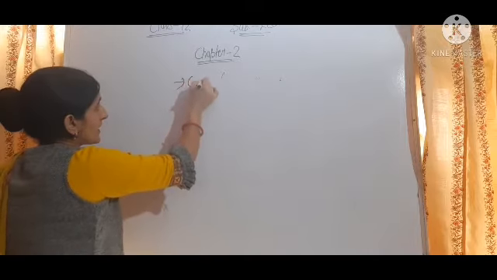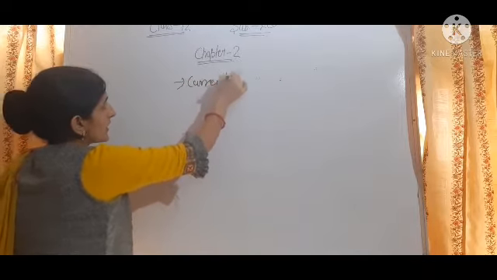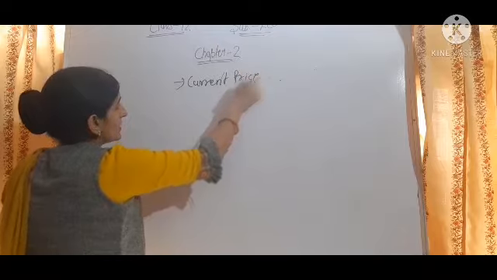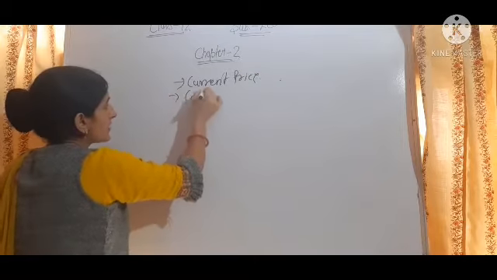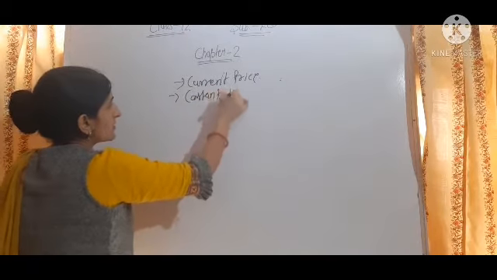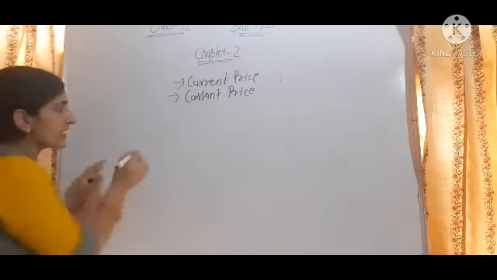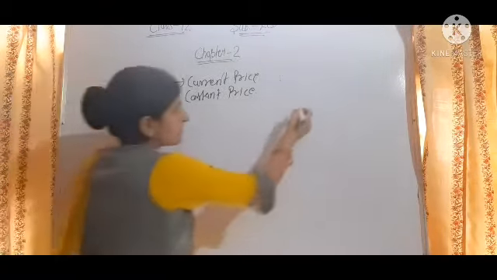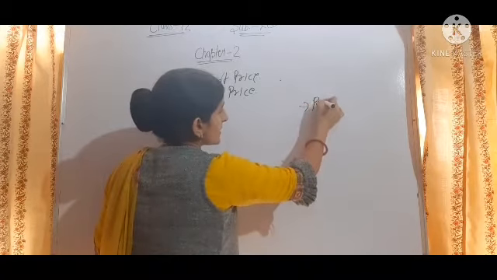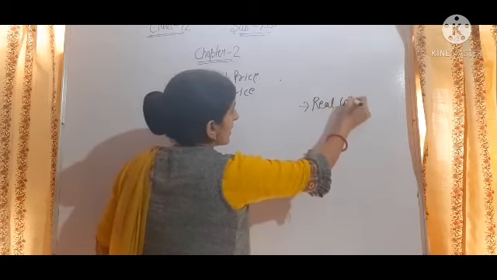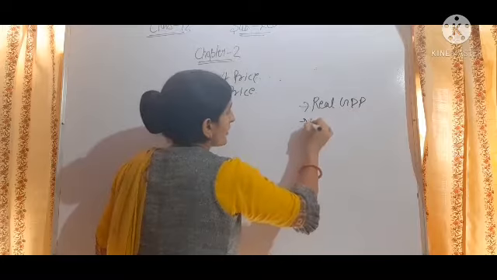One is current price, and the other is constant price. So as we have two terms, real GDP and nominal GDP.